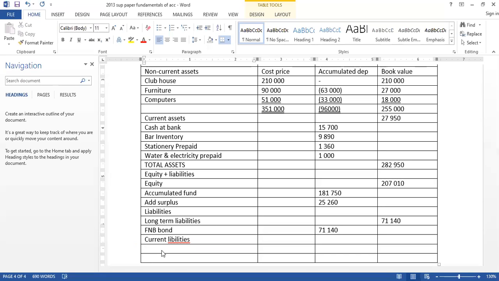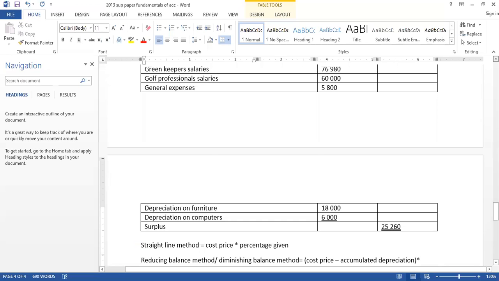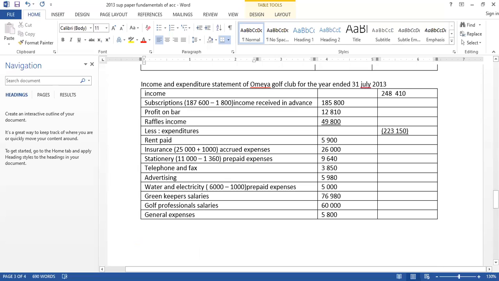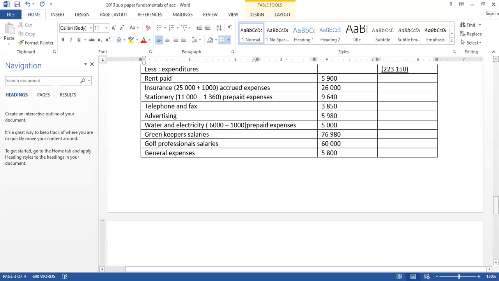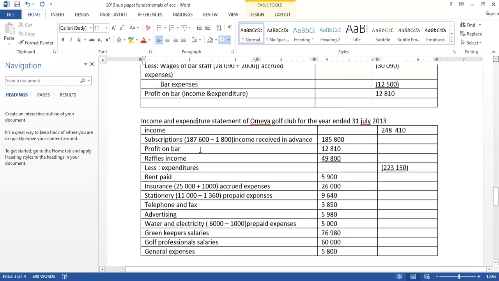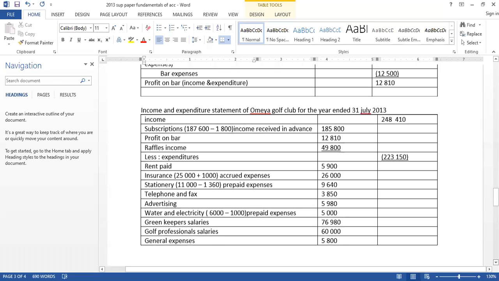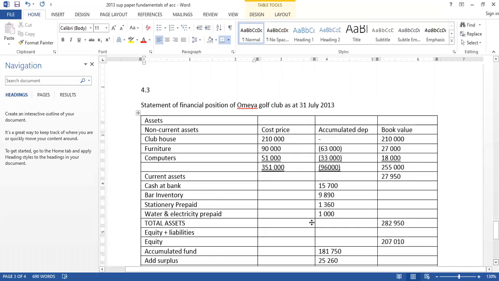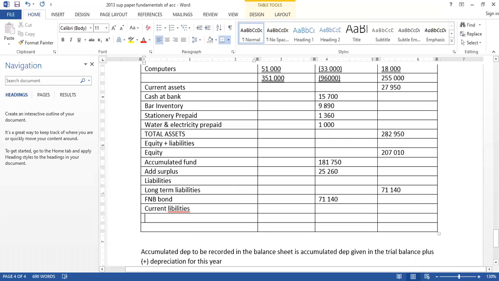Obviously we cannot have creditors here because we are dealing with an NGO. So we have income received in advance: subscriptions received in advance, or pre-subscriptions, of 1,800.